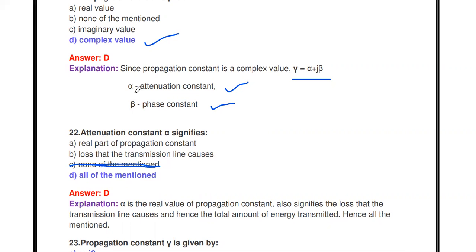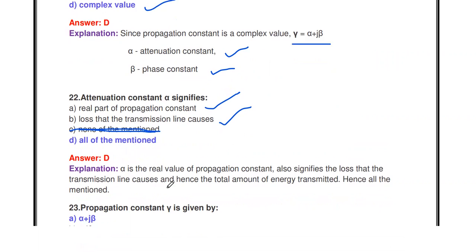What does it mean by attenuation constant? Alpha is the real part of the propagation constant, that is correct. Then the attenuation constant is the rate at which the wave gets attenuated in a transmission line, so the loss that the transmission line causes. Yes, so both A and B are the answer.